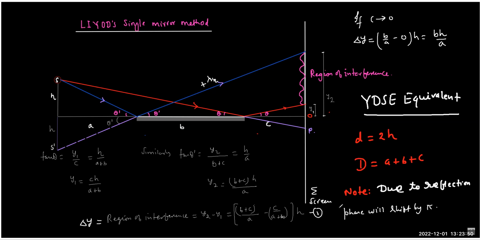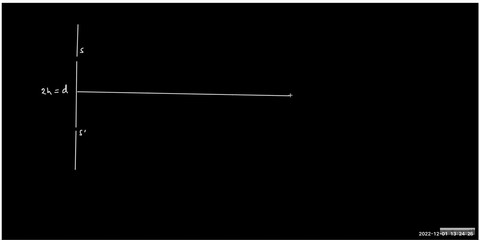Yes, sir. Now the question is how to solve the condition for maxima and minima. So in this case, you can again draw the equivalent YDSE in which we have only S and S dash. We don't have S1, S2, we have S and S dash. The D becomes 2H. You just do the line of symmetry.